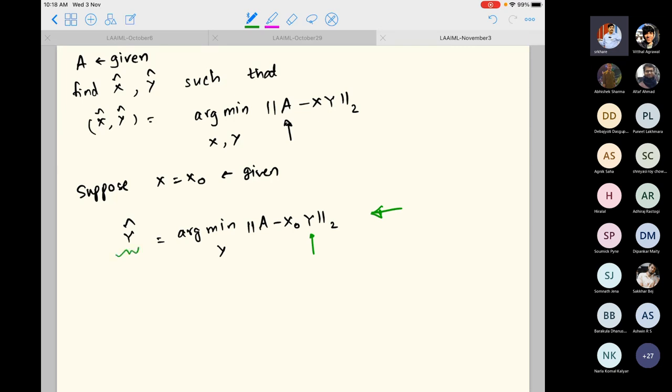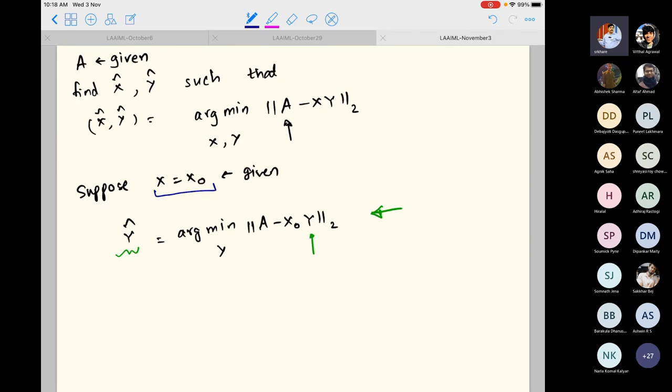But what is the key? The key is the assumption that X naught was given to you. Suppose X is equal to X naught is given, then this problem becomes a really easy problem to solve. In fact, it becomes a least squares problem, and you have a closed form solution for it.